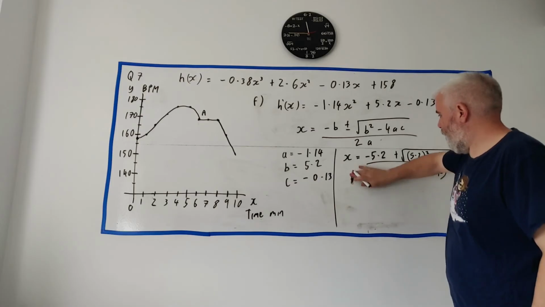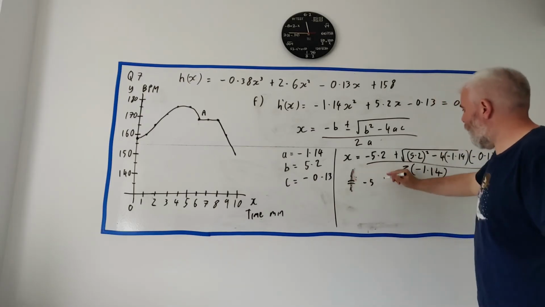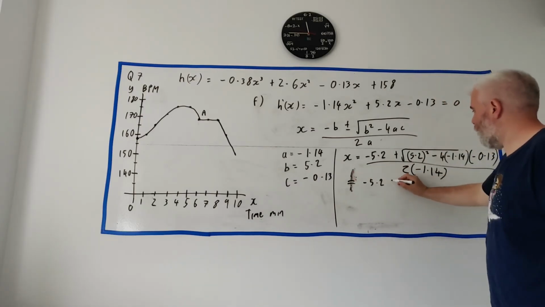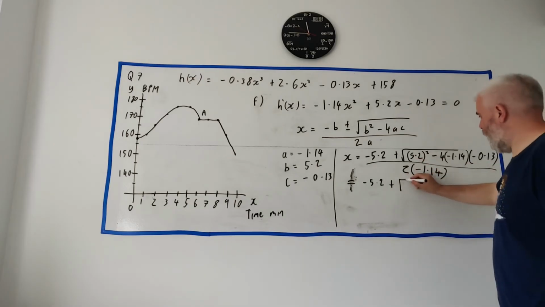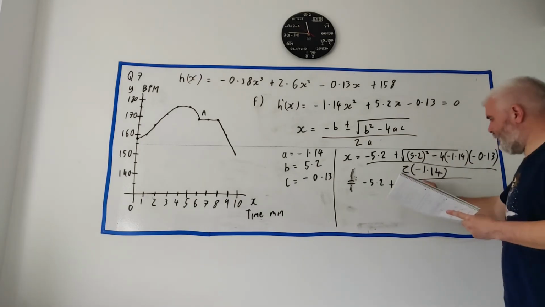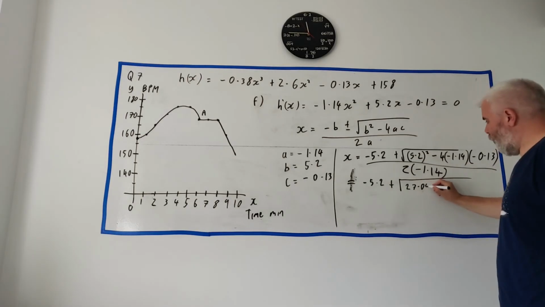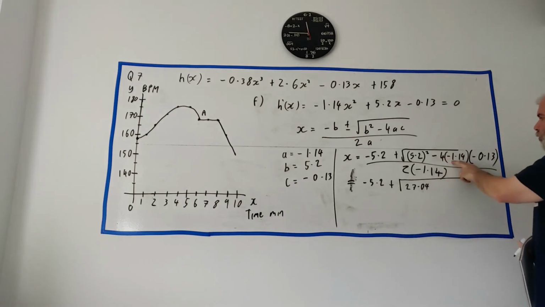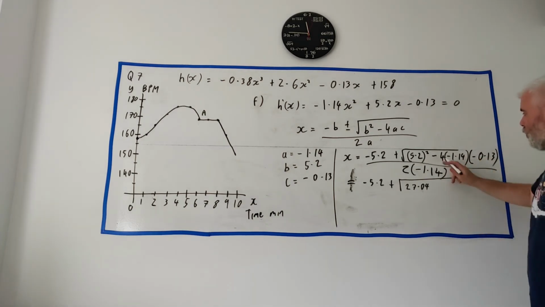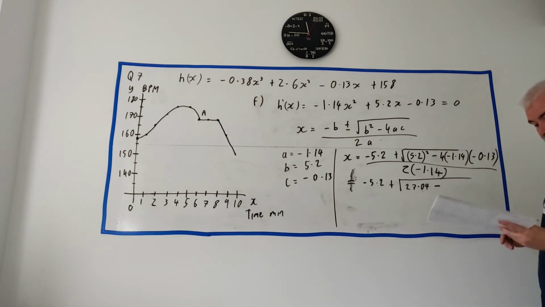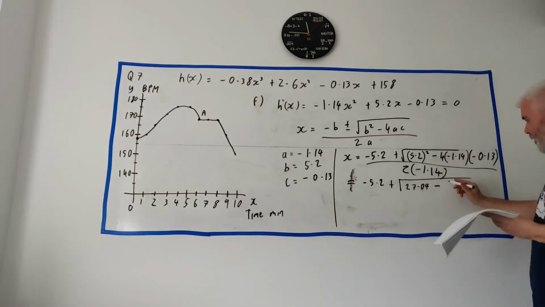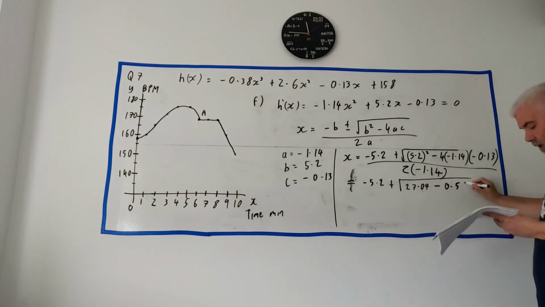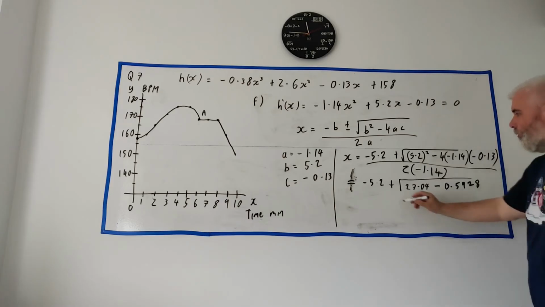So x equals minus 5.2 plus the square root of 5.2 squared, which is 27.04, minus 4 times minus 1.14 times minus 0.13. Three minuses make a minus, and those numbers come out as 0.5928.